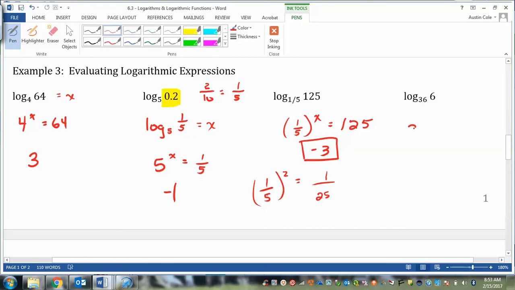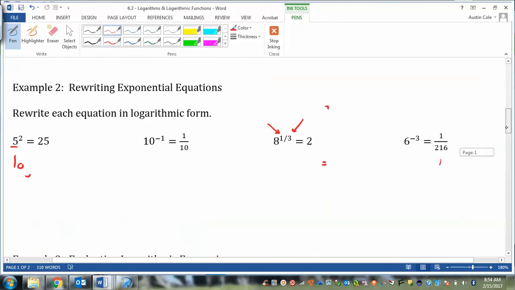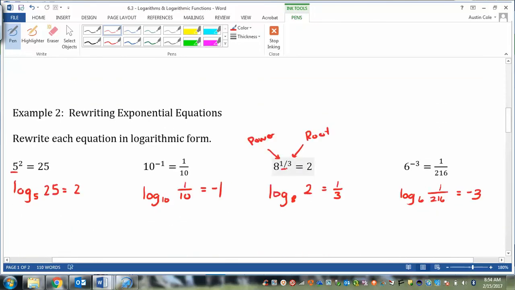Now, 36 to what power equals 6? Am I getting bigger or smaller here, guys? I'm getting smaller. If that is the case, it's going to be a fraction. Remember, when we talked all the way up here about power and root, if it's 1/3, that literally means the cube root.